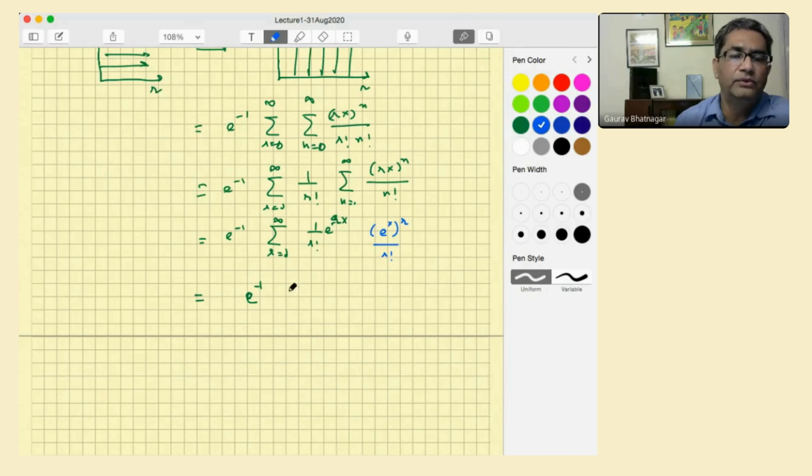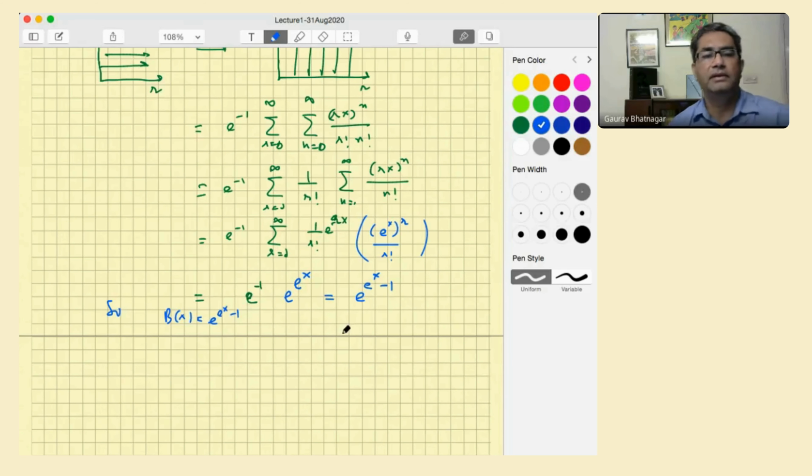So this also you know. If you knew the previous guy, then you know this one. So it's e raised to the power x, and the whole thing becomes e raised to x minus 1. So b of x is e raised to x minus 1.